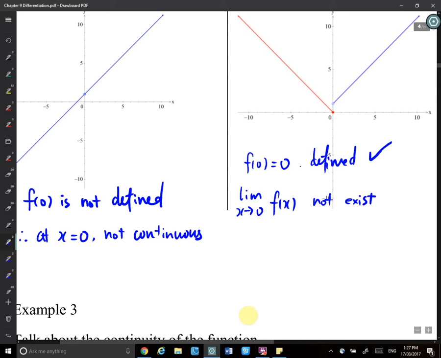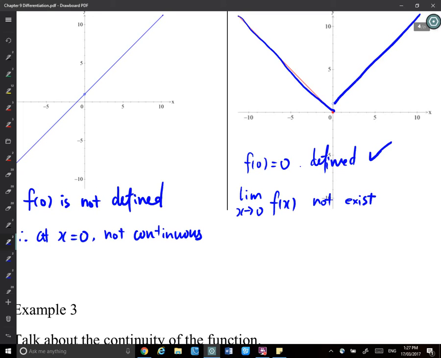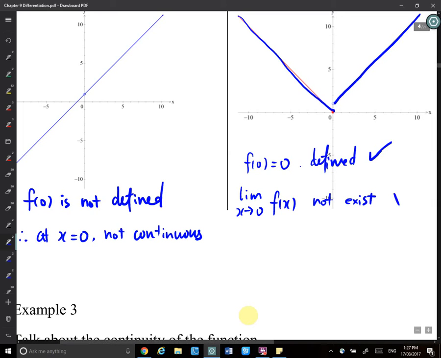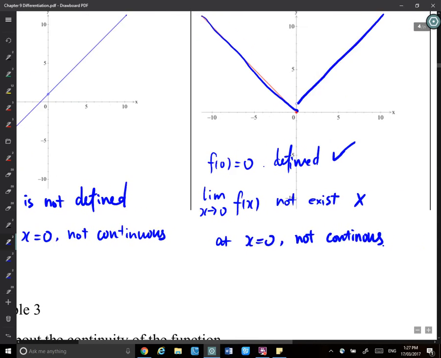It doesn't exist because from the left you're approaching 0 and from the right you're approaching 1, so the left limit and right limit are not the same. The first condition is satisfied, but the second one doesn't, so at x equals 0, it's not continuous.